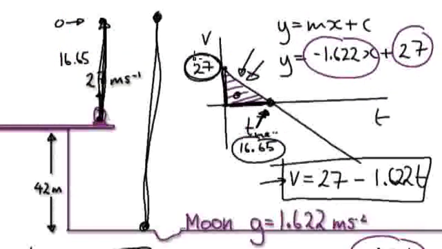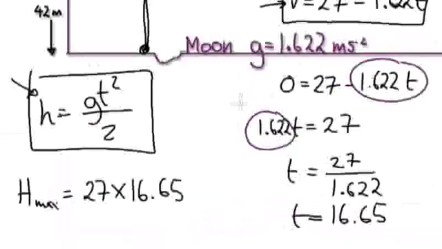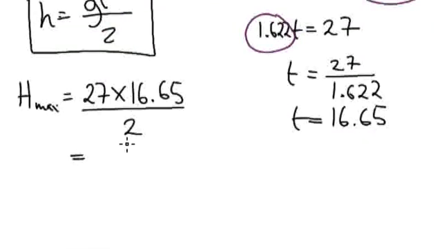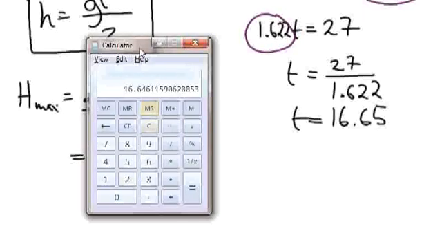16.65. If you get 27 times 16.65, you're going to get the whole rectangle, but you only want half of it, so you need to divide it by 2. So the maximum height is given by that thing there.